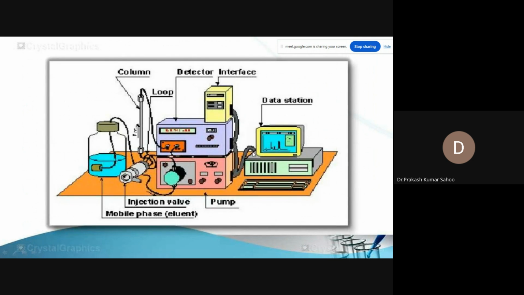And this is an SEC chromatography setup where we have the mobile phase here, the injection valve and the pump. I just laid out the different parts. It is the column we have, and this is the loop, detector, interface, and data station here. The column is prepared, and with the help of this injection valve, the sample is injected here.